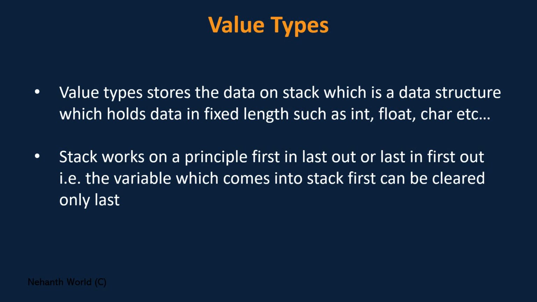And stack works on the principle of first in last out, or last in first out. If you store a variable into the stack, you can read that as the last variable. That's the stack principle. The variable which comes into the stack first can be cleared only last.